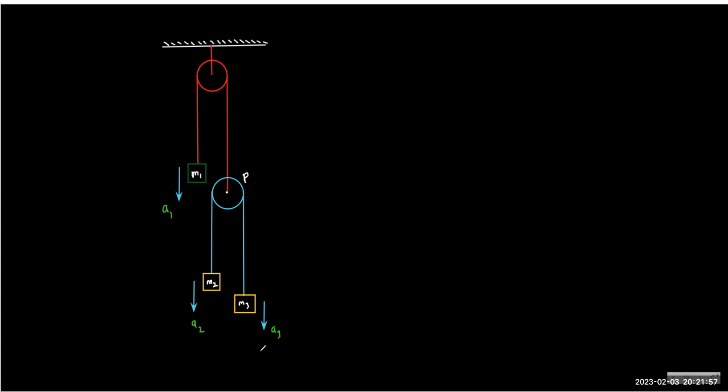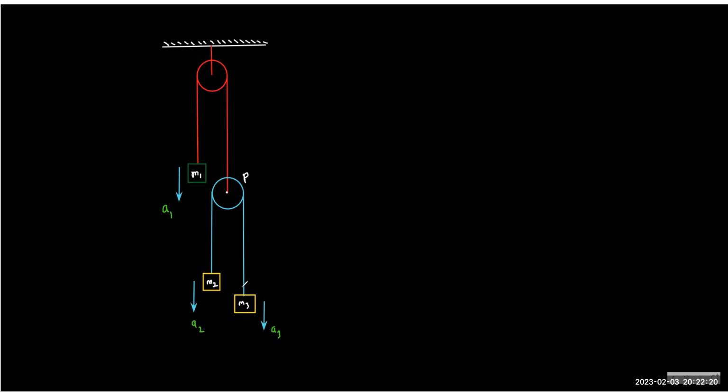Now, how will the assumption affect the writing? Assumption will affect the writing in terms of laws of motion. Before that, we have to start with the tension relation. I always start with the tension at the bottom, because if you go from bottom to top, it will multiply. If you go from top to bottom, it will divide. And writing a fraction is not as convenient as writing integers, right?